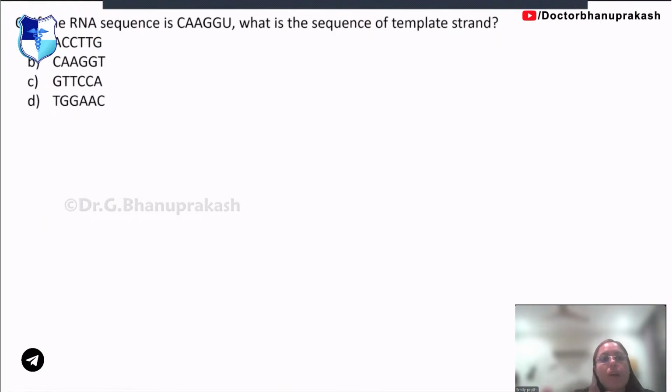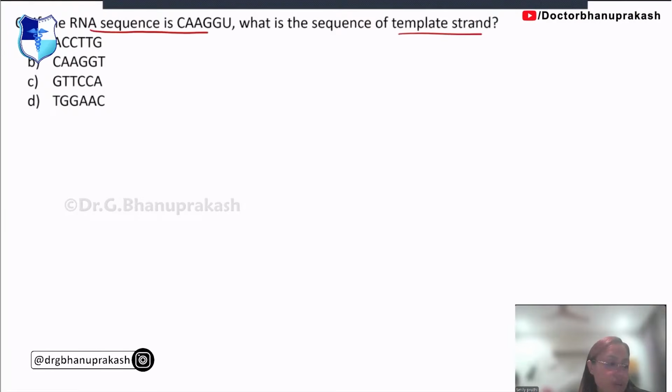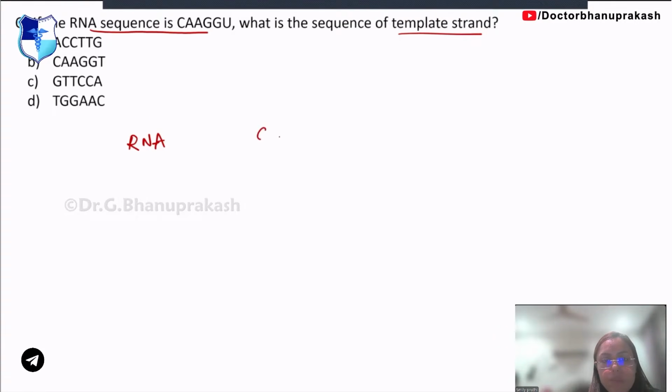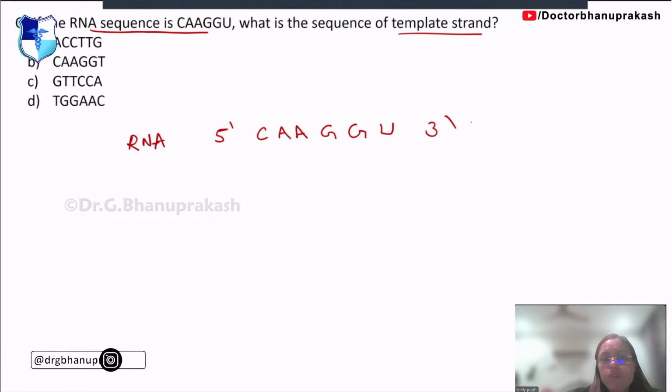Okay, so an RNA sequence is given. They're asking the sequence of the template strand. For solving these questions, understand how I'm going to do it. Always do it the same way. The RNA sequence given is CAAGGU. Obviously, left is 5 dash, right is 3 dash.